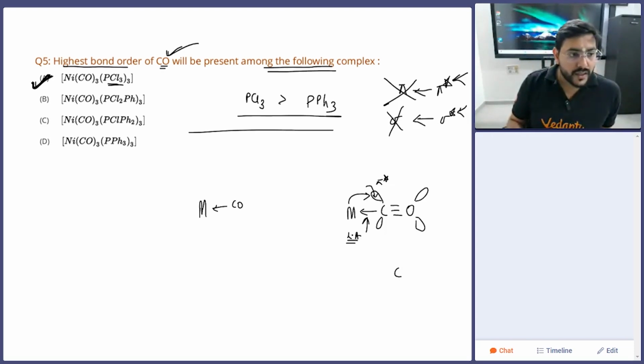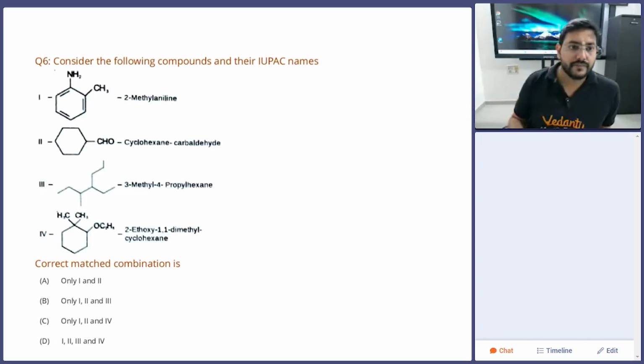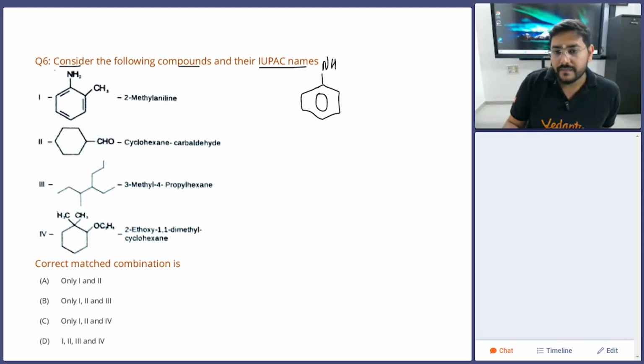Now, moving towards the next question. Consider the following compounds and their IUPAC names. On the second position, methyl is there, and we call it aniline, so we are going to call it 2-methyl aniline. It's perfectly fine. Now, here cyclohexane carbaldehyde.